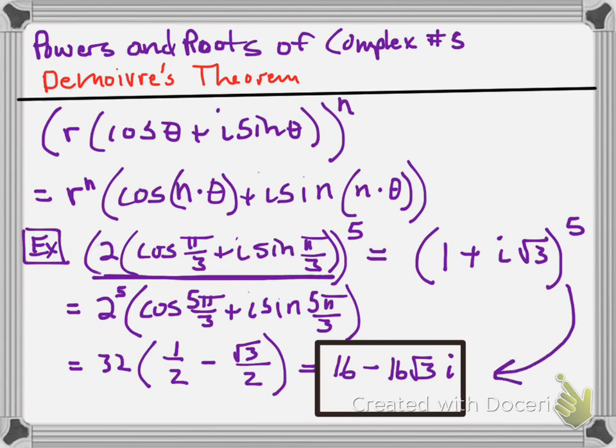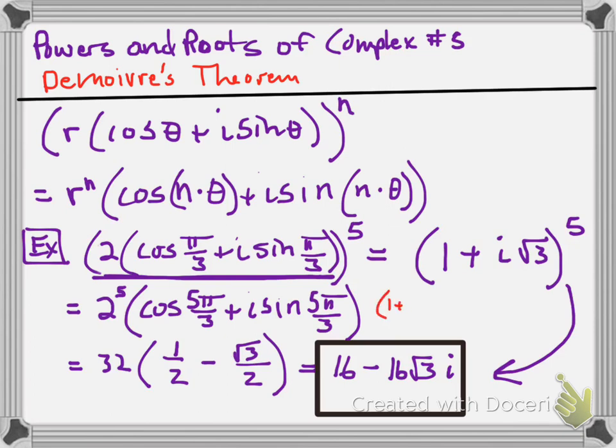So what De Moivre's theorem has done is given us an alternative to taking a complex number and expanding it. 1 plus i times the square root of 3 to the 5th power means 1 plus i times the square root of 3, 5 times.